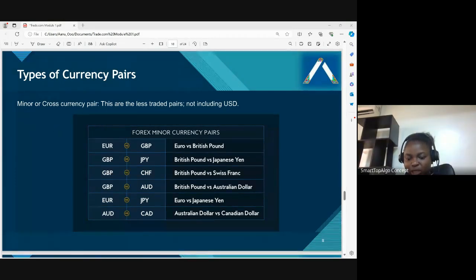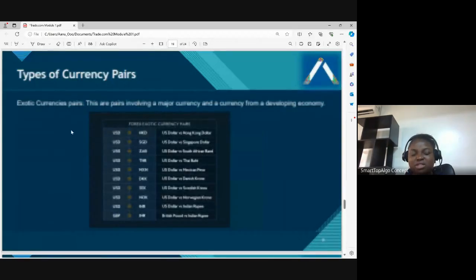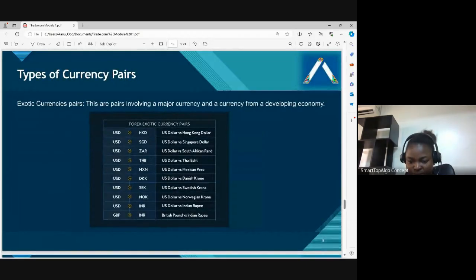Now let's go to the last one, which is the exotic. Exotic currency pairs are pairs involving a major currency. How do you identify an exotic?